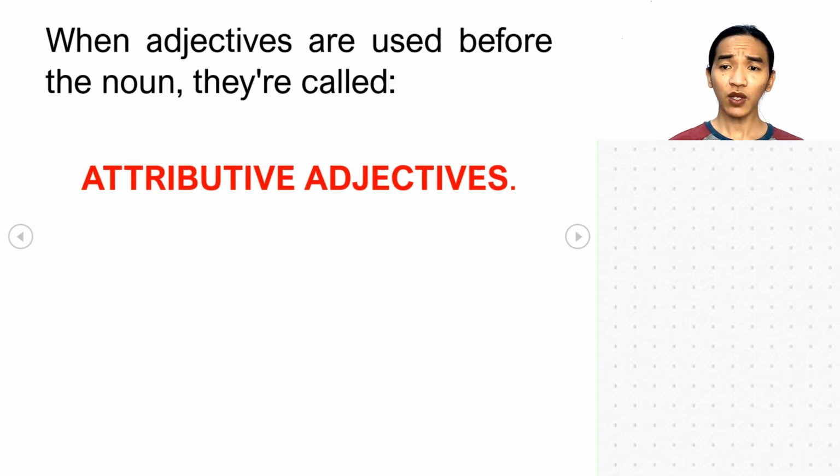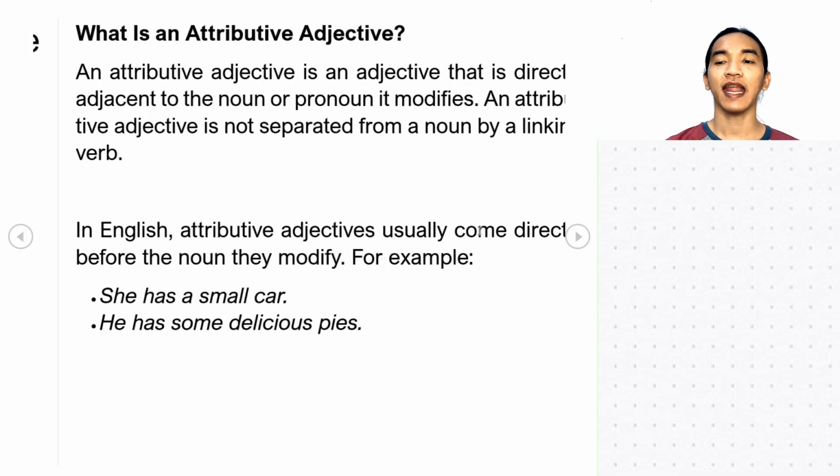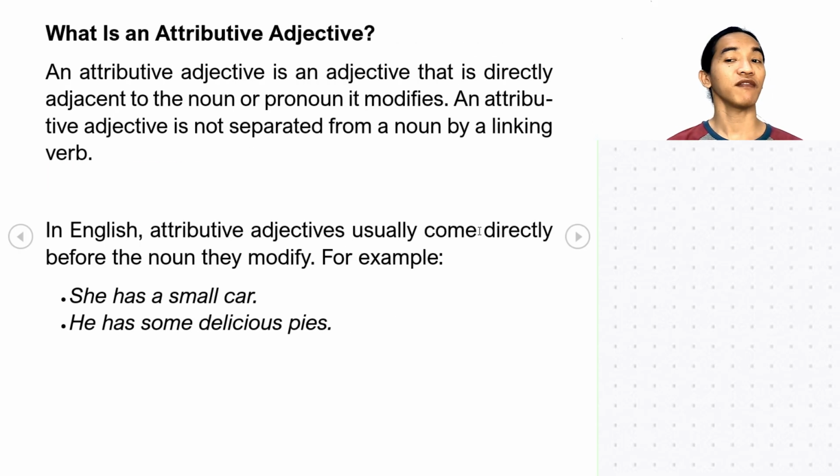So, when adjectives are used before the noun, they are actually called attributive adjectives. So, please remember that. We have your attributive adjectives, which are your adjectives directly before your nouns. Okay? Now, what is an attributive adjective? An attributive adjective is an adjective that is directly adjacent to the noun or pronoun it modifies.